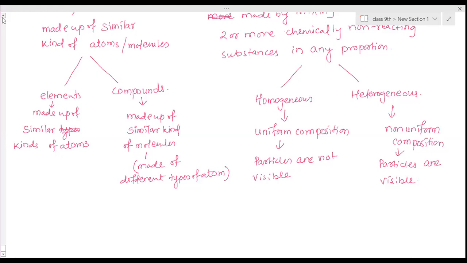Ma'am, but I have heard that the iron we use is not pure. It is a mixture. Yes, whatever iron we use is not pure iron. Pure iron is very soft, so it has to be mixed with carbon or other substances.